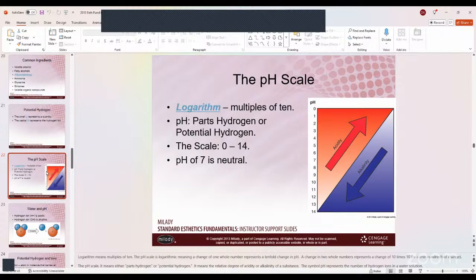Most of the time you're going to see potential hydrogen, the pH scale. The scale is 0 to 14. These are just some basic notes for each scale. And a pH of 7 is neutral.